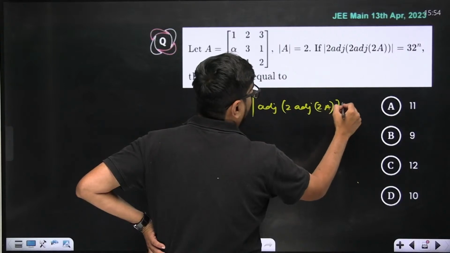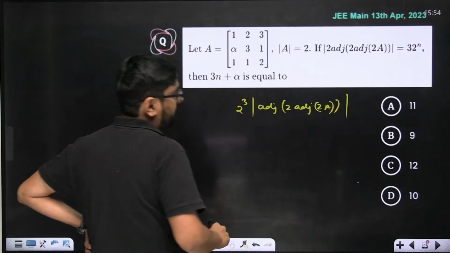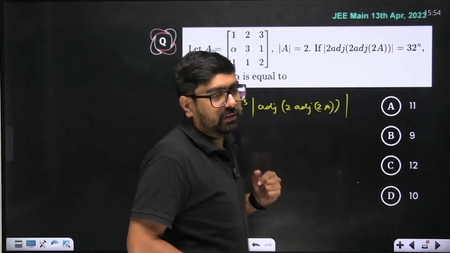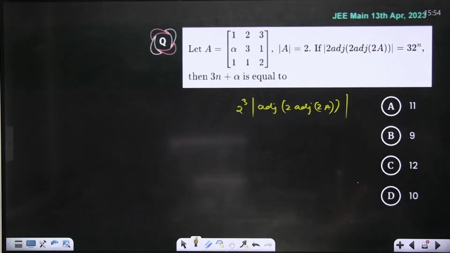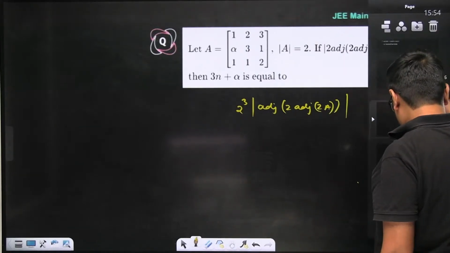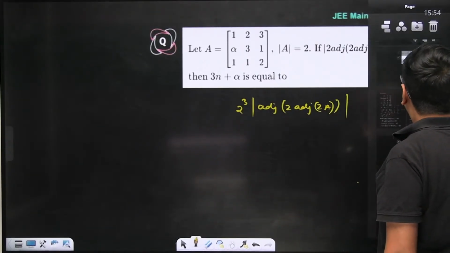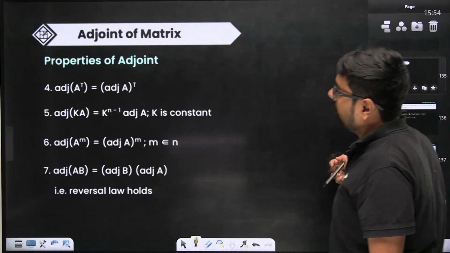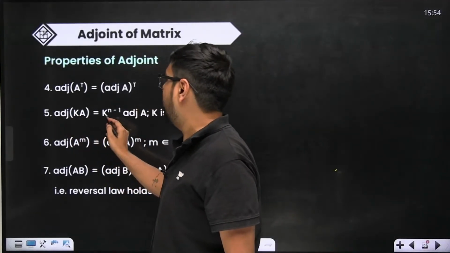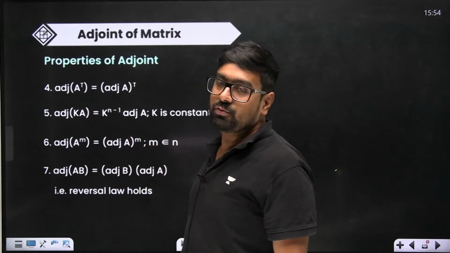Okay, now this 2 I want to take out of the adjoint. These properties I didn't show you; a few more properties are here. Now look, when you take the constant out of the adjoint, constant to the power n minus 1 will come out.